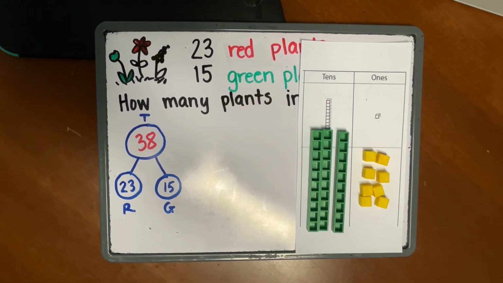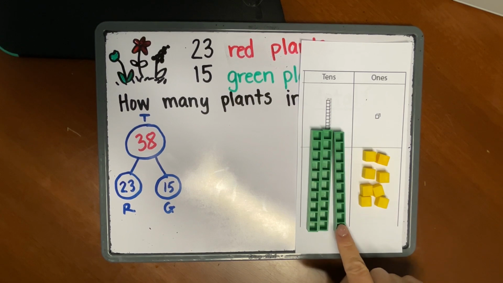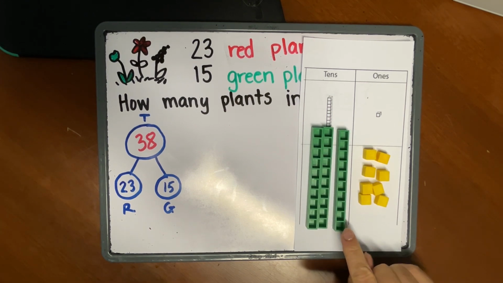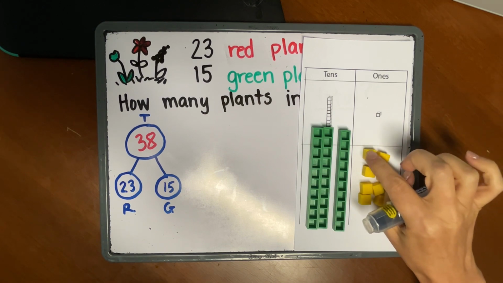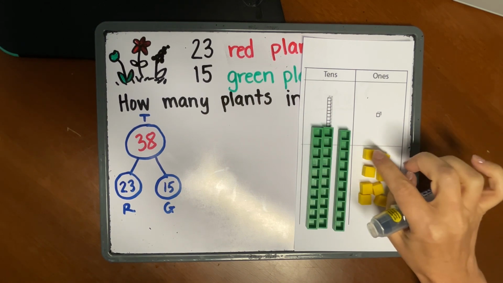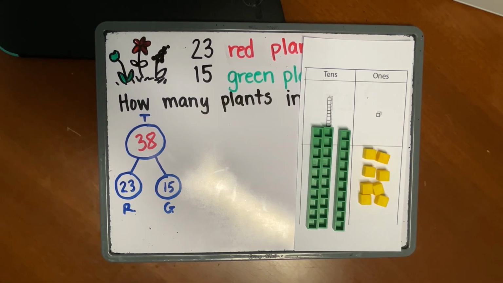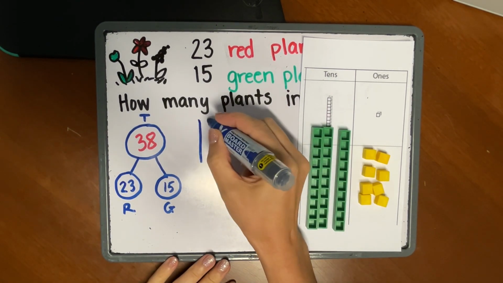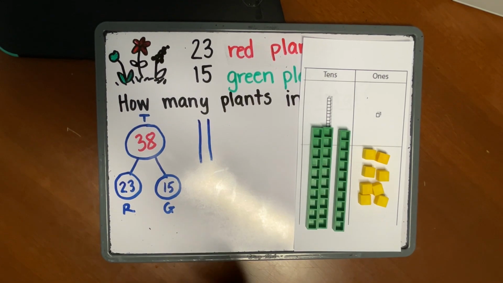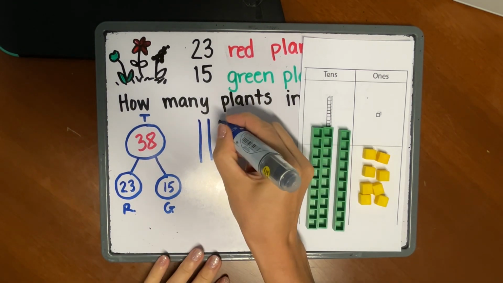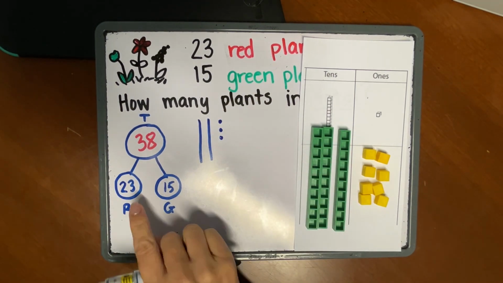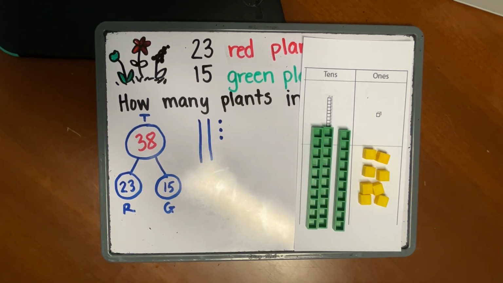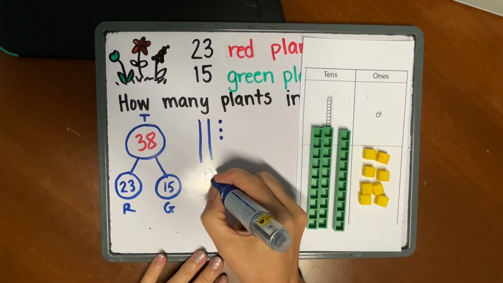Okay, let's talk about it. I know that a 10 is long. We can even call it a long. And a 1 is a cube or just one little dot. So to be really efficient, I'm just going to draw my 2 10s for 20 and 3 dots for 3. 23 is the red.